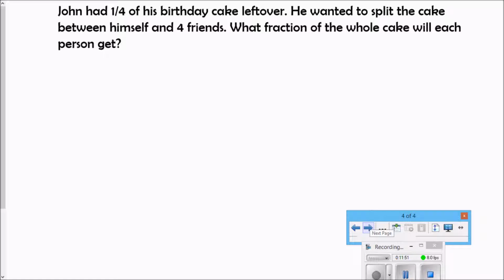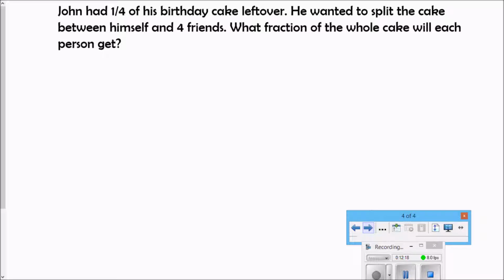All right, just like with dividing a whole number by a unit fraction, I also want to give a word problem so that you can know how to apply dividing a unit fraction by a whole number. It says John had 1/4 of his birthday cake left over. He wanted to split the cake between himself and 4 friends. What fraction of the whole cake will each person get?